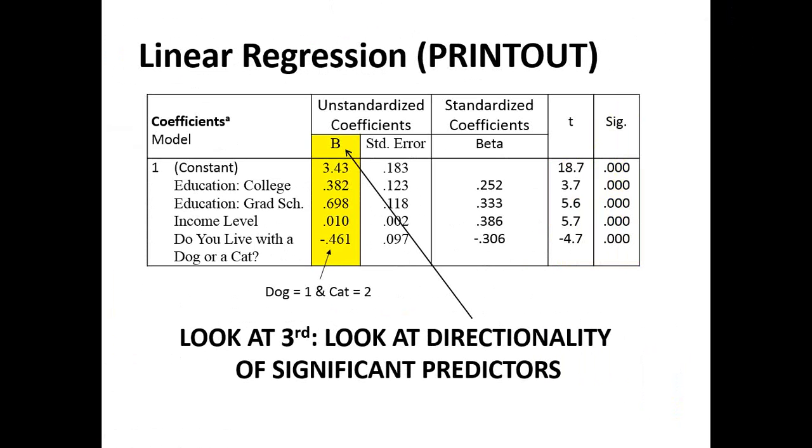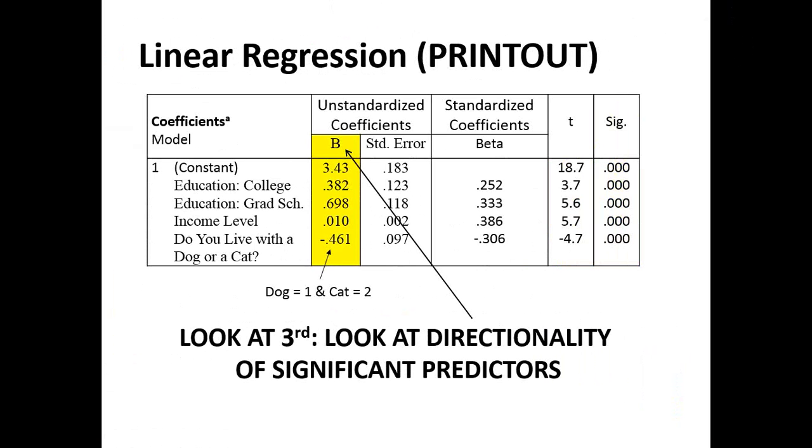However, the dog and the cat, right, there's a minus there. Now, this depends on the coding. You have to know the coding of the dog and cat variable in order to effectively interpret the finding. So we know dog is coded as 1 in the SPSS database, right? Remember, you go under values and all that. So dog is coded as 1 and cat is coded as 2.